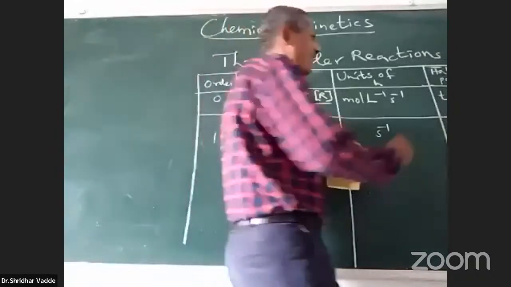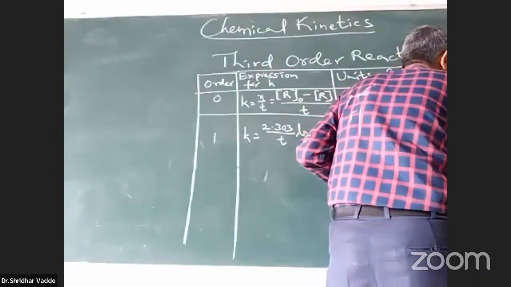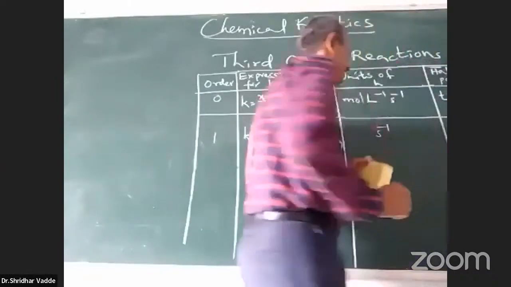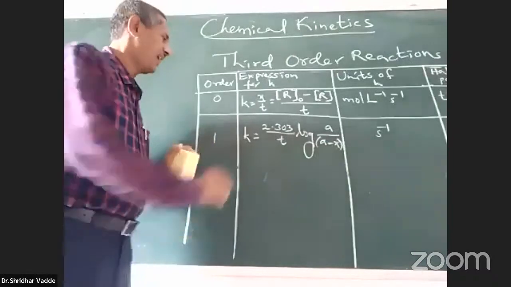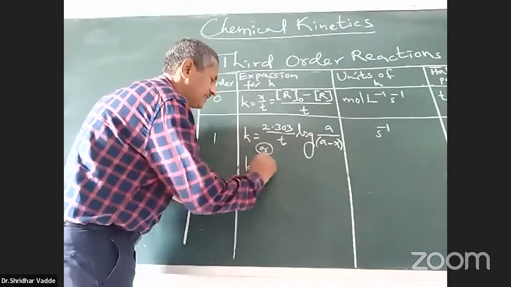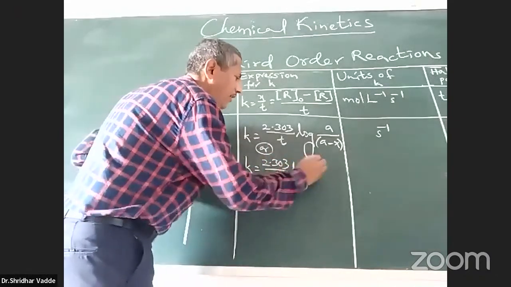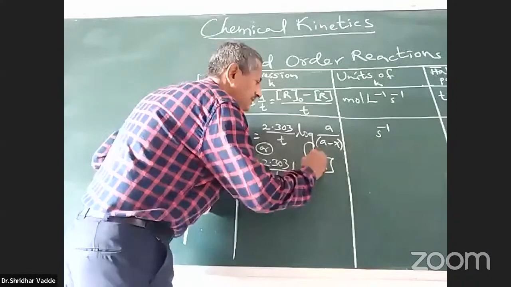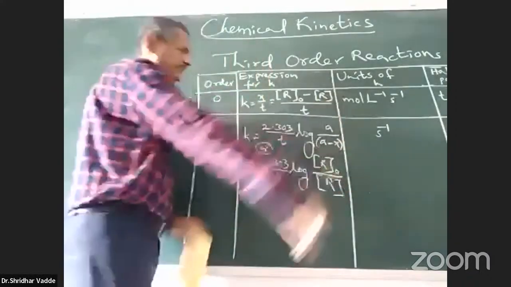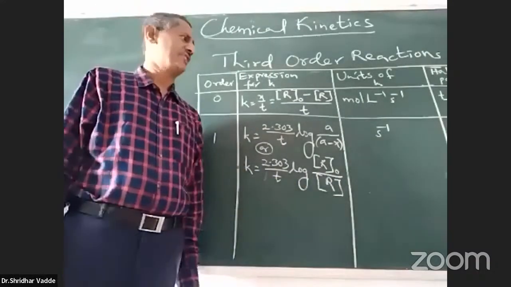And what is the half-life period? T half is equal to 0.693 by K. And this can also be written as 2.303 by T log. This is about the first order reactions.